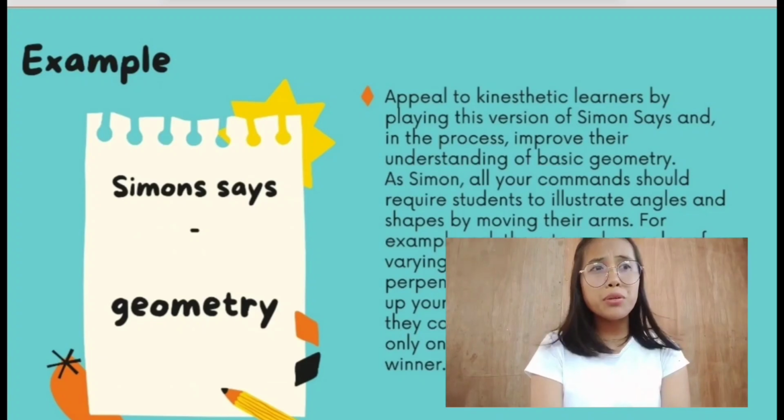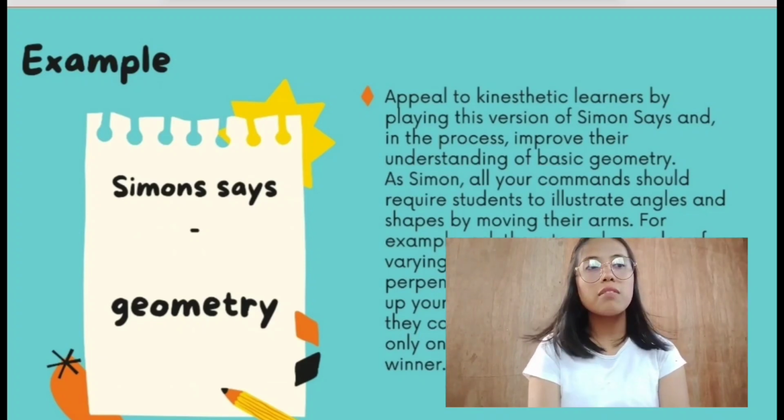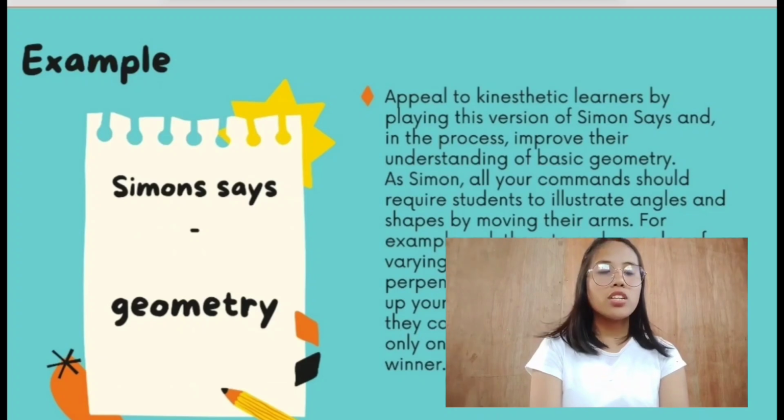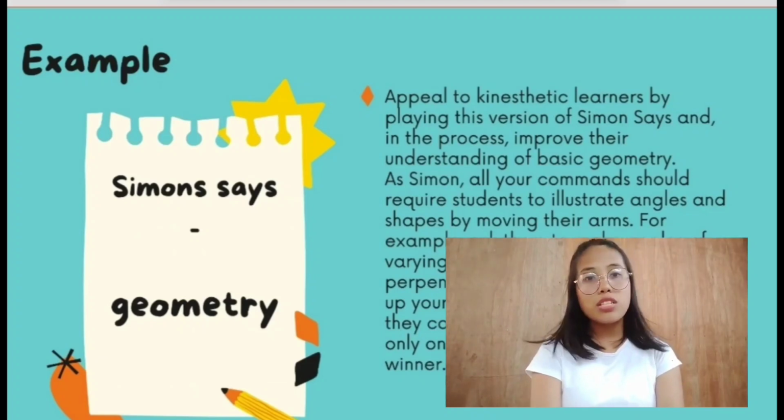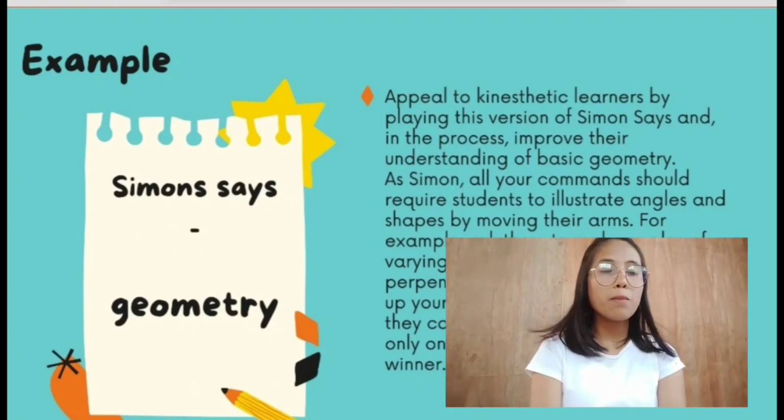Appeal to kinesthetic learning by playing this version of Simon Says, and in the process improve their understanding of basic geometry. As Simon says, all your commands should require students to illustrate angles and shapes by moving their arms.